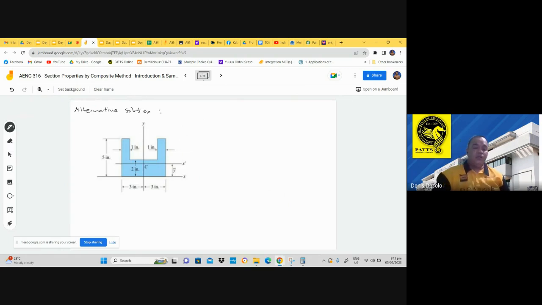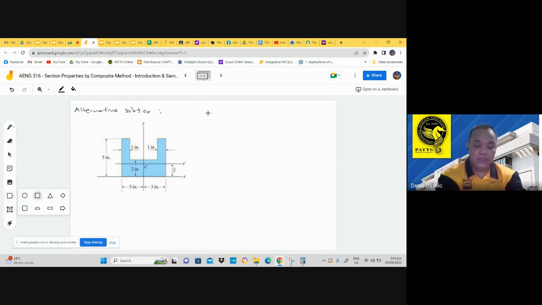Okay. So instead of dividing this figure into three parts, I'm going to divide this into two parts only. Okay, so you heard me, no? I'll be dividing it into two parts. I have extra shapes here. Let me use this.